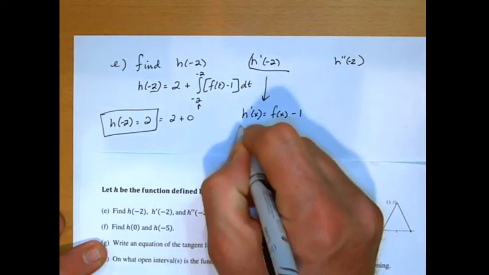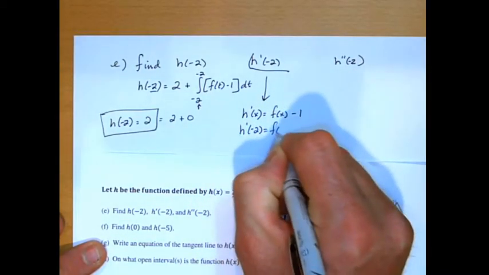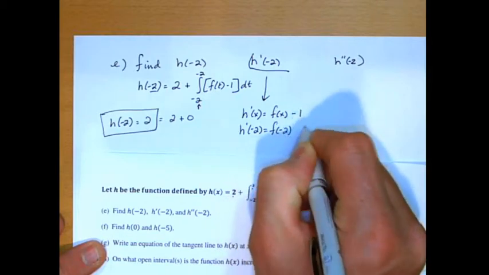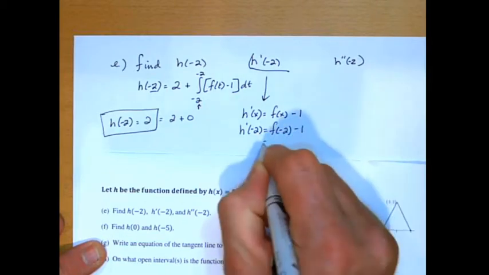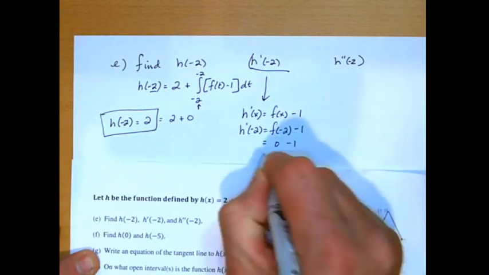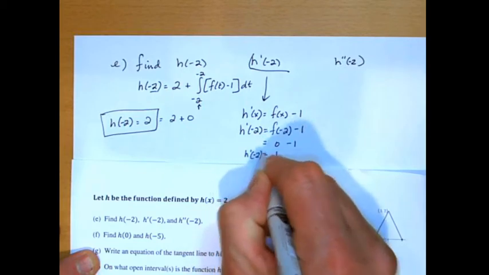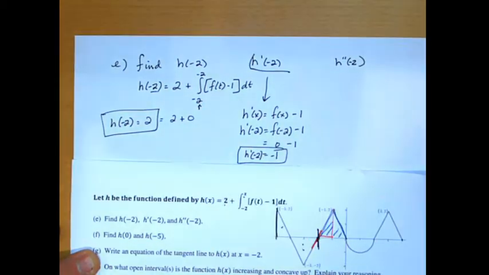So h prime of negative 2 is f of negative 2 minus 1. And f of negative 2 is 0, minus 1 is negative 1.